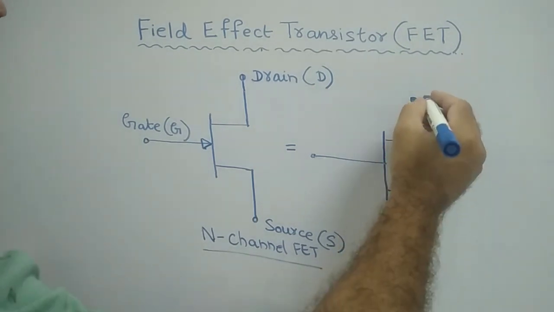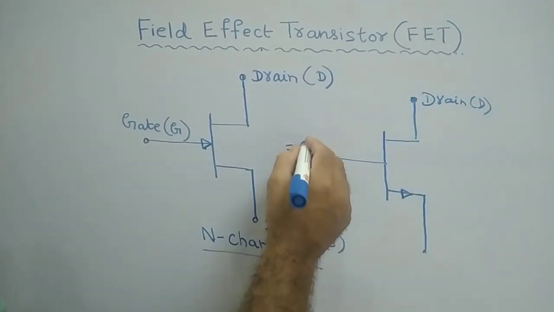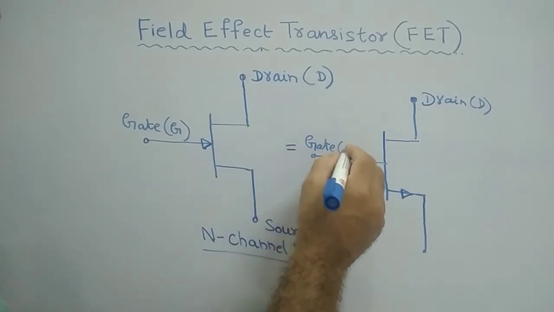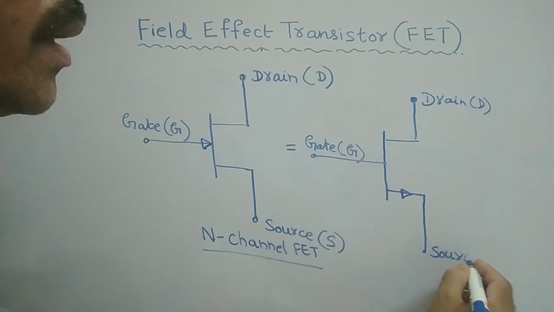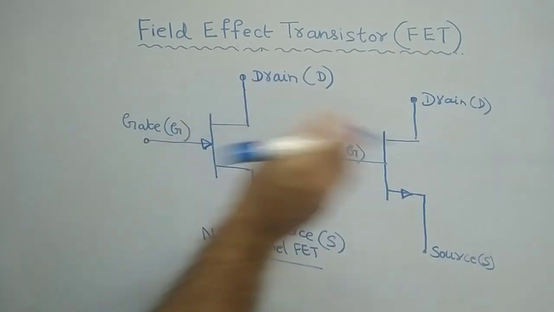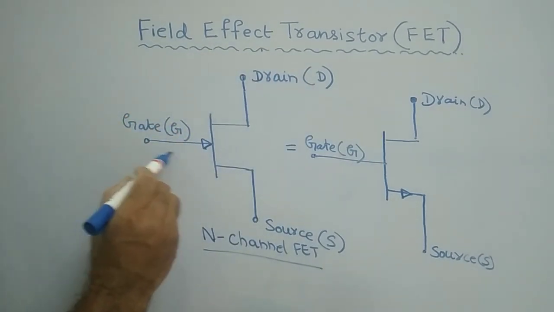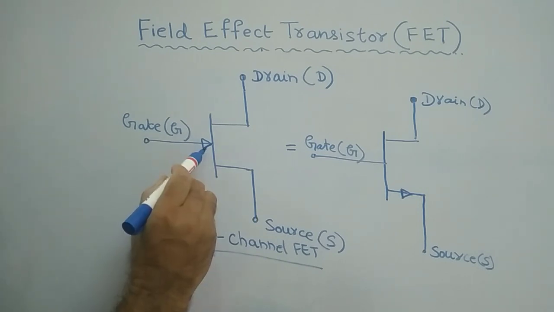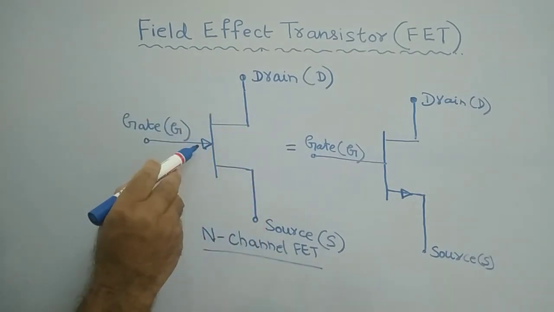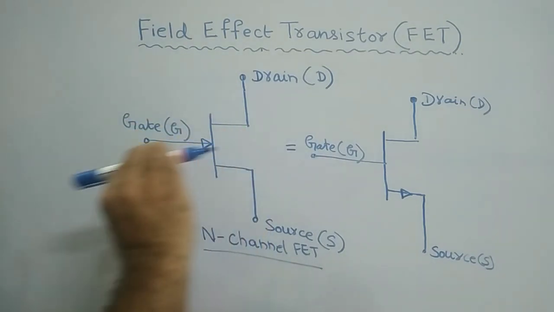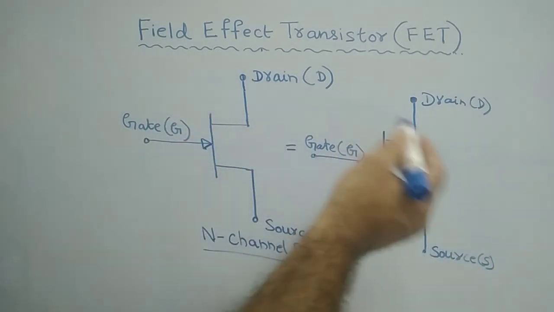The terminal names are the same: drain terminal D, gate terminal G, and source terminal S. The only difference is where the arrow mark is shown, either here or here; both are the same. If the arrow mark is in the forward direction, this is the N channel FET.